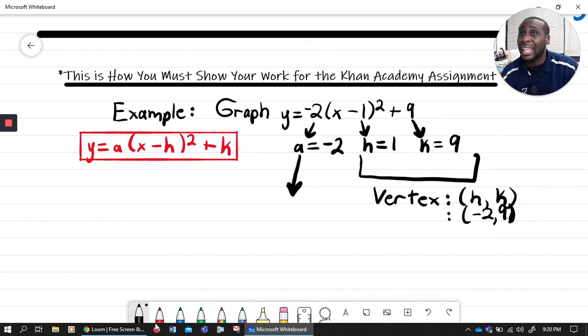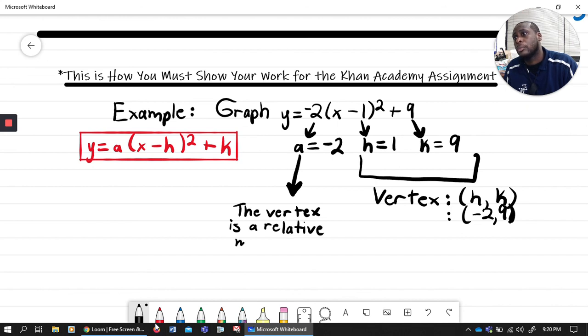So when the a value is negative, the parabola is going to open down, and you're going to have a maximum because of that. The vertex will be a relative maximum. I want you to write that out.